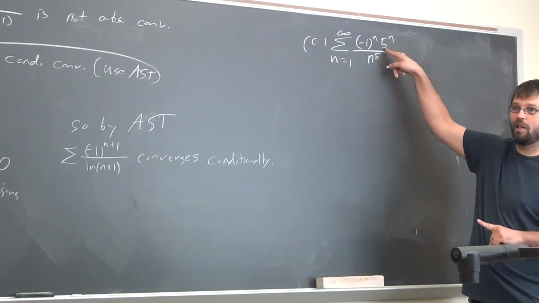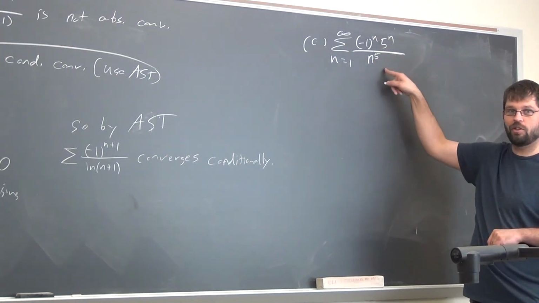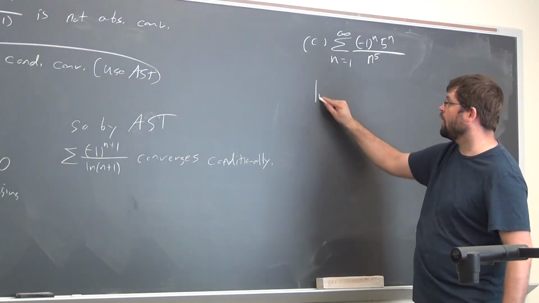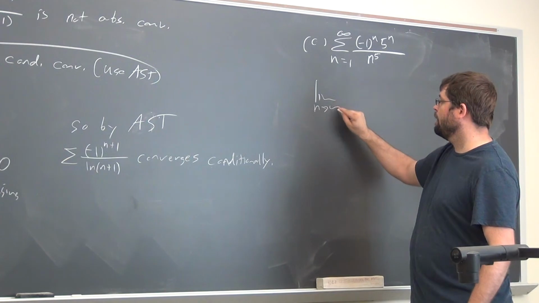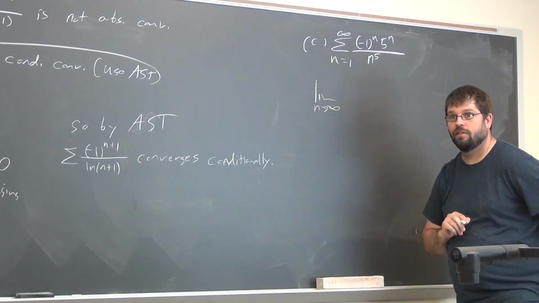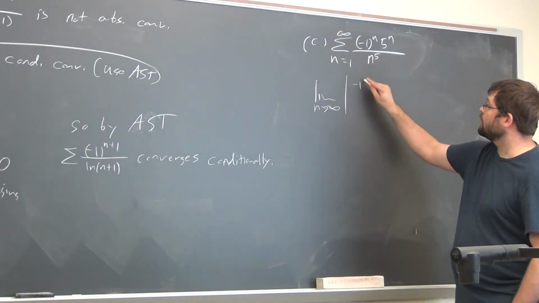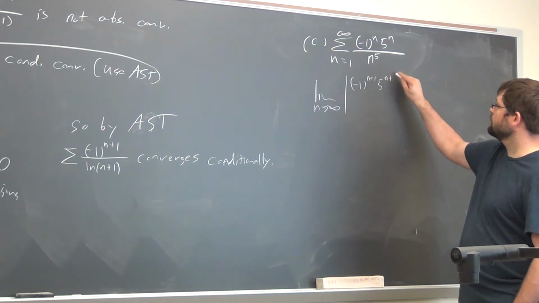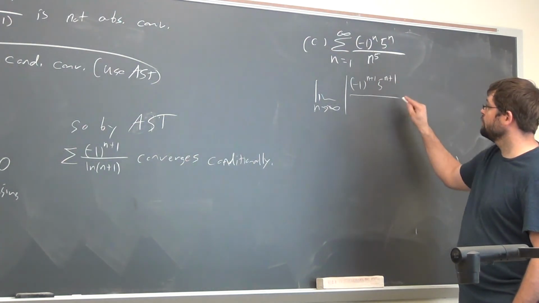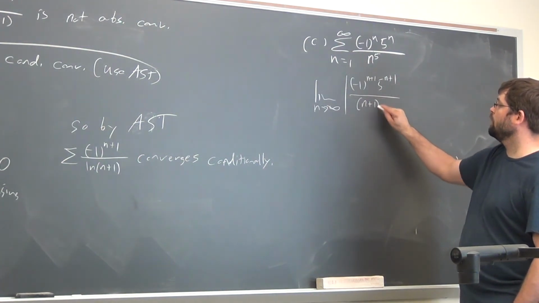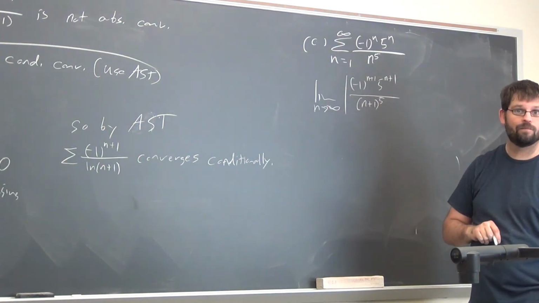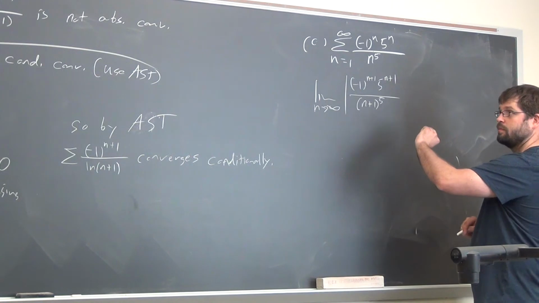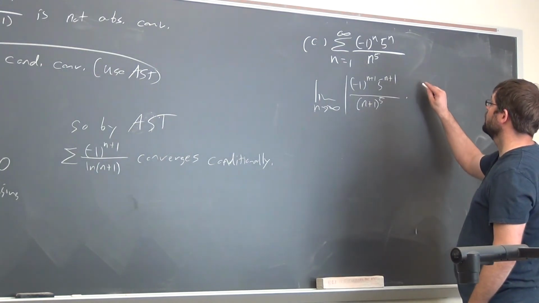There's an exponential, right, 5 to the n. So the ratio test should work. So we try our ratio test. In this case, what do we have? Absolute value, -1 to the 5 to the n plus 1 over n plus 1 to the 5th, right? Times the reciprocal.